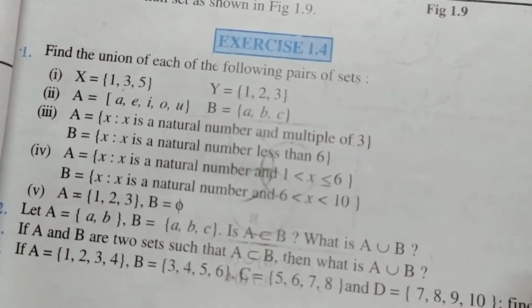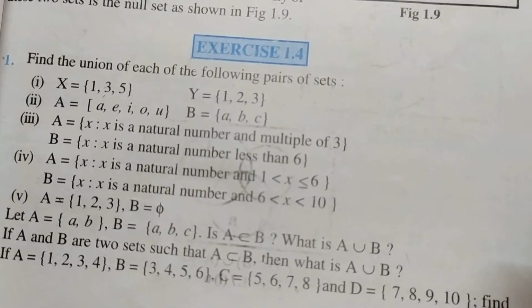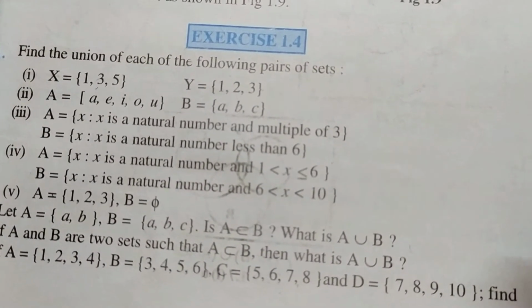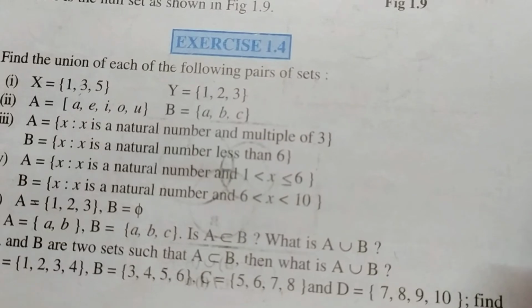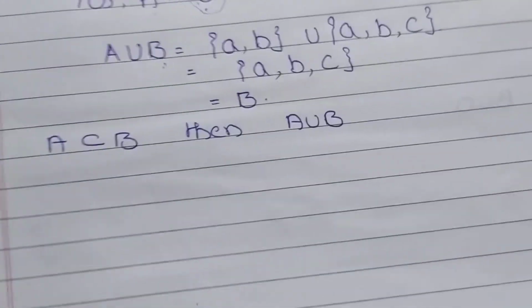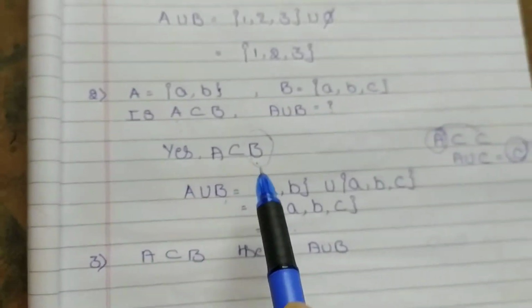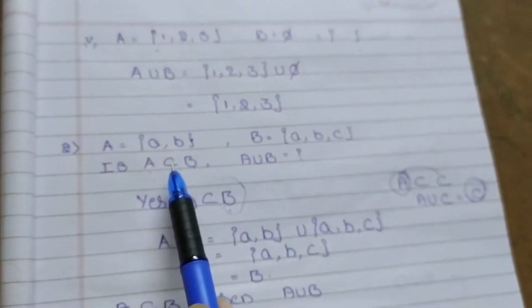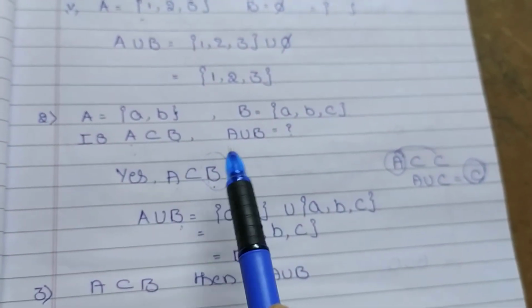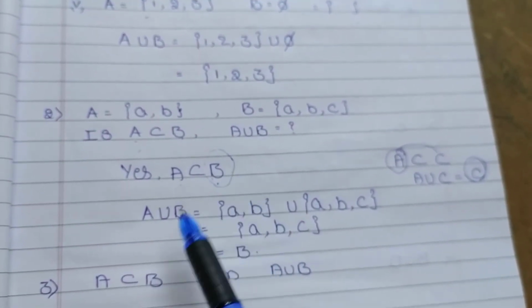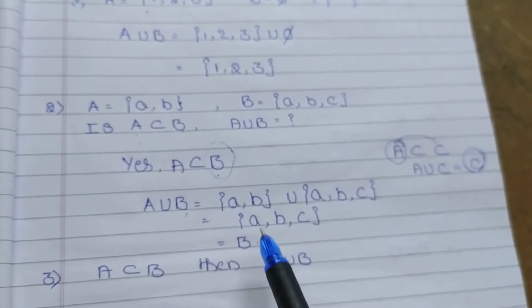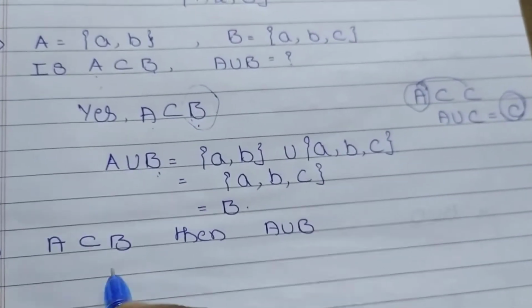Now what is the third question? If A and B are any two sets such that A is a subset of B, then what is A union B? We took an example and solved it also. If A is a subset of B, then A union B will compulsorily be equal to B itself.